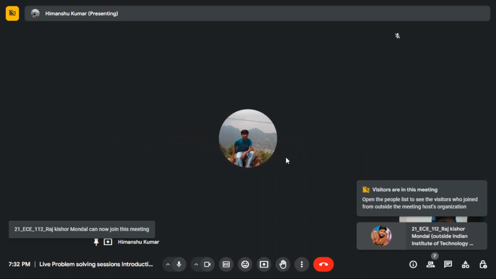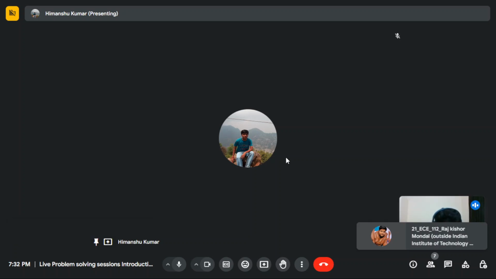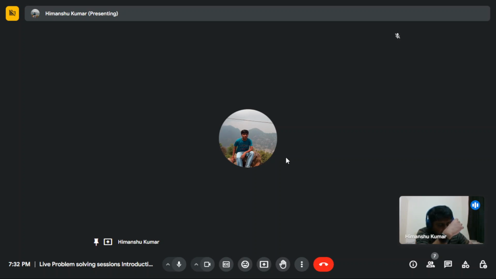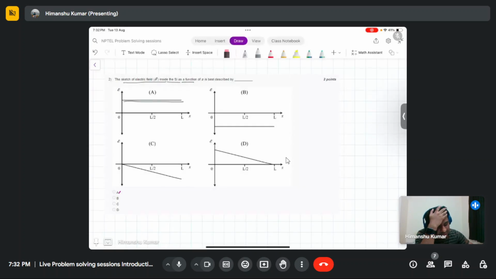So let's see the options. A is one of the possible options: the electric field is constant and it's positive. So this may be the correct option. And the second one gives E as negative.